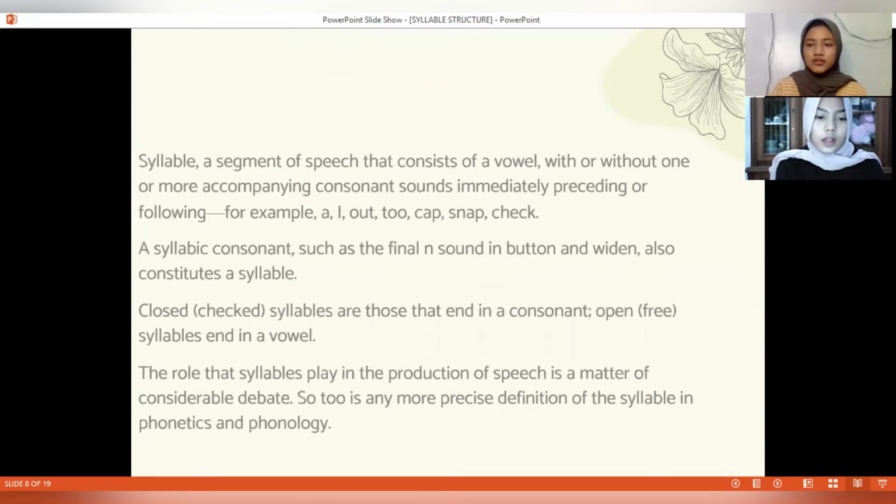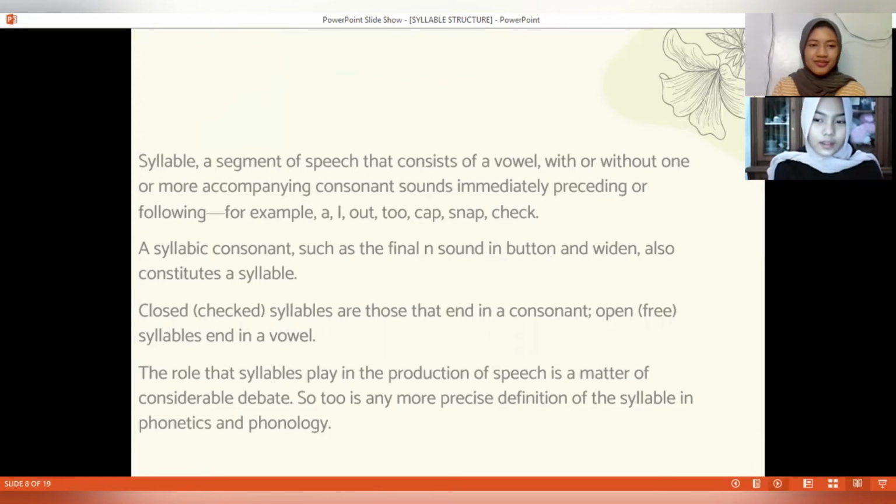Closed syllables are those that end in a consonant. Open or free syllables end in a vowel. The role that syllables play in the production of speech is a matter of considerable debate. Any more precise definition of the syllable is a matter of phonetics and phonology.